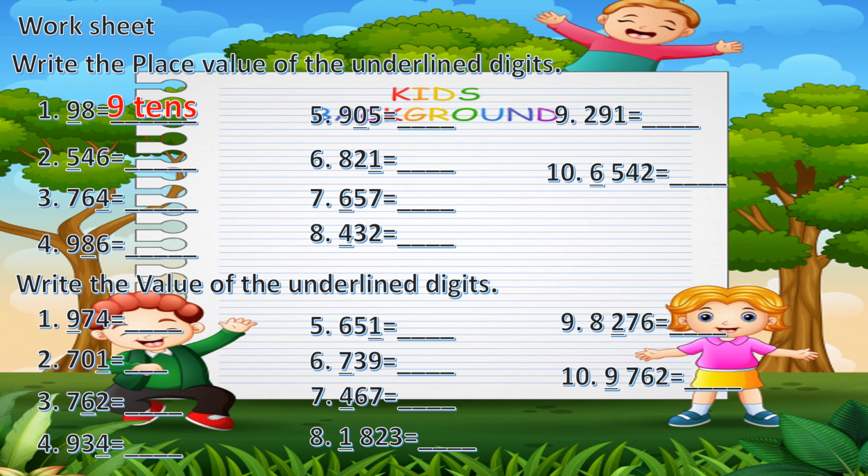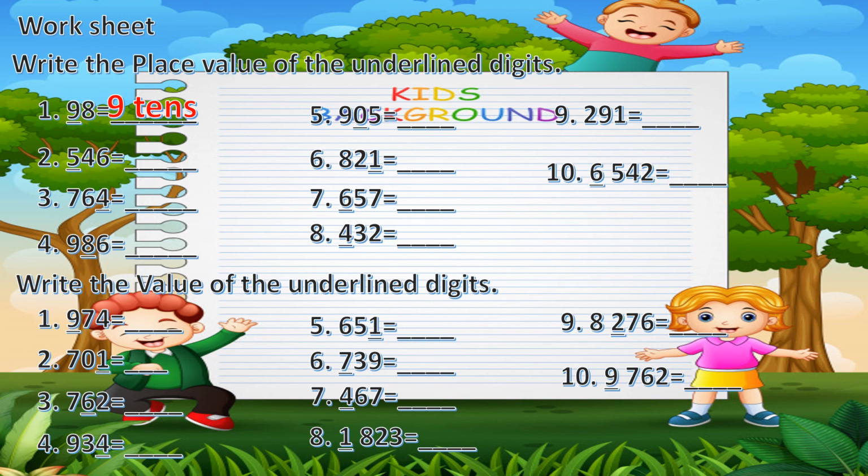Okay, next in the lower part in letter B, I'm going to answer the first digit, but this one is different. You're going to find the value of the underlined digit. Value means you're going to find how much is the worth of the underlined digit. Okay, now I'm going to answer number 1, 974.